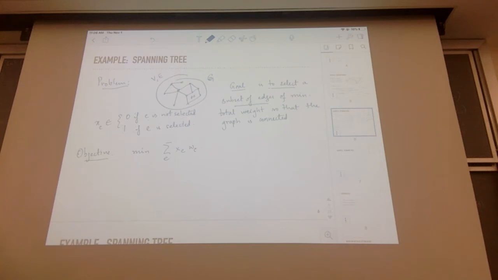The way you should think about such a question is, suppose somebody gave you a bunch of x_e values, let's say 0, 1, 1, 0, 1. This is a smaller graph, but let's say you had something like this. How would you infer, or what constraint could you write to rule out some bad solution of this kind?